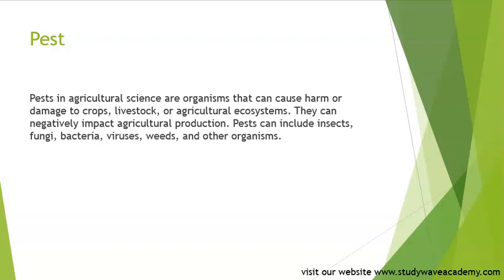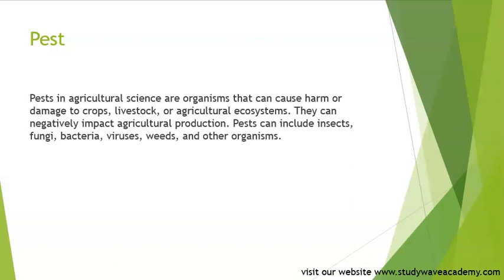Pests in agriculture are unwanted creatures that can harm or damage crops, animals, or the farming environment. They can be insects, diseases, weeds, or other organisms that make it harder for farmers to grow healthy plants and raise animals.